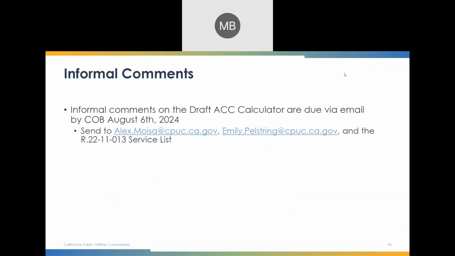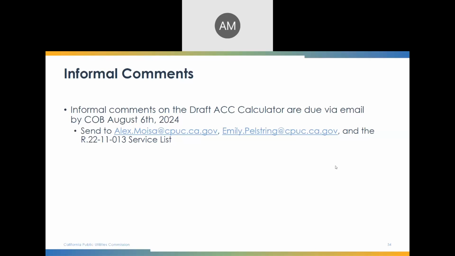Certainly, Margot. I thank you all for being here and taking the time to go through this whole workshop with us, and I appreciate all of the comments and questions, of course. Now, as stated here, informal comments on the draft ACC calculator are due via email by close of business on August 6, 2024, 2 weeks from now, in particular, as was noted in the 2022 ACC decision on timeline for this.